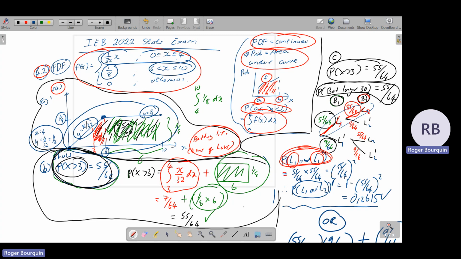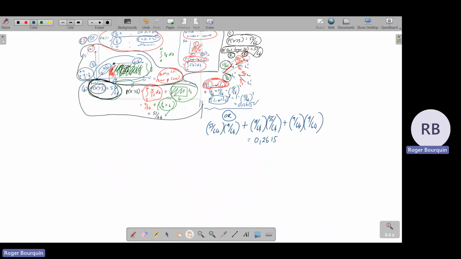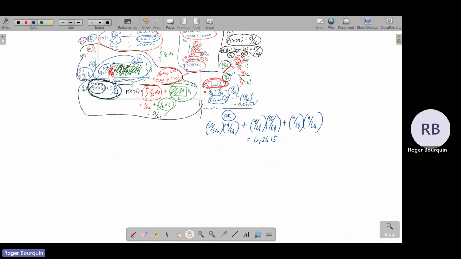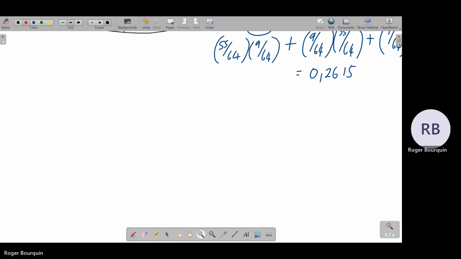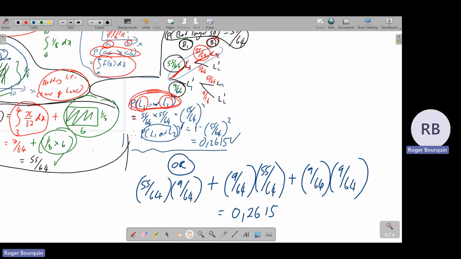Okay. The other way we could have done this is we could have used the tree diagram directly, and we said, for the torch to stop working, 1 battery must not be working.